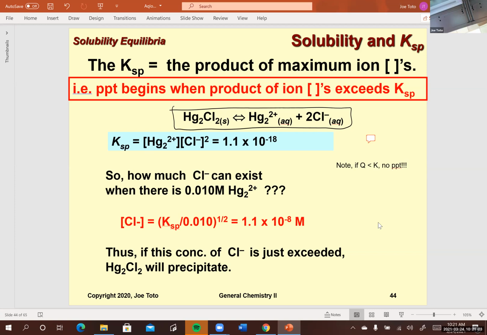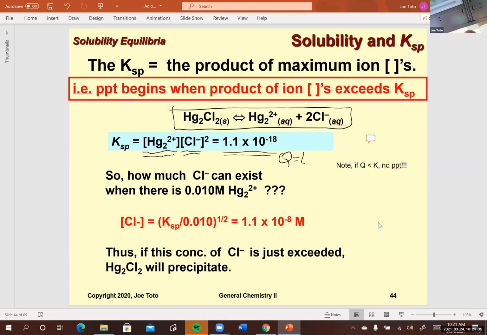So what this is telling me is that this concentration of mercury times the concentration of chloride squared at equilibrium has to equal this value. If it doesn't equal that value, then it's not at equilibrium, right? And I could calculate a Q for any other situation.